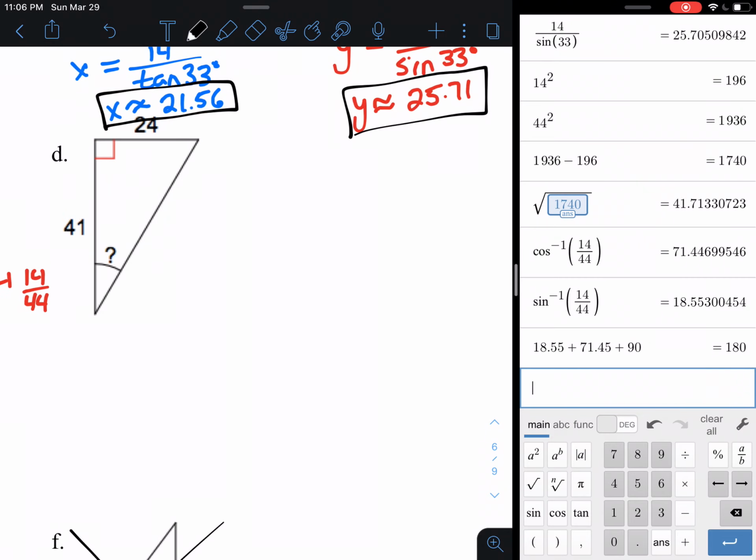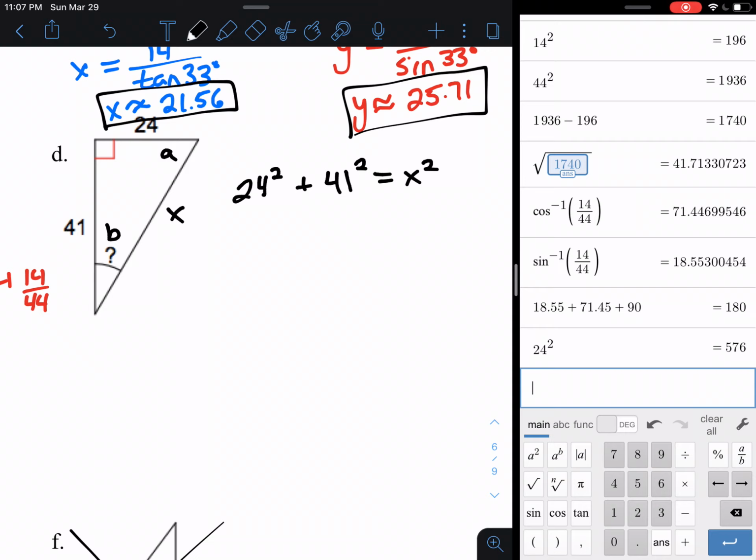And it looks like we're going to start it the same way. Let's again call this side X, and we'll call one angle A and one angle B. So first off, to get X, which is your hypotenuse, we're going to take each of our shorter sides and square them. So 24 squared plus 41 squared is equal to our hypotenuse squared, where 24 squared is 576.